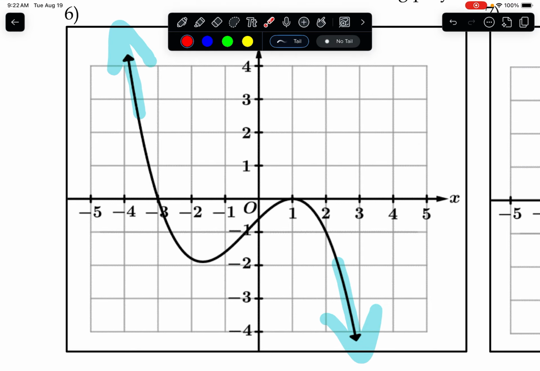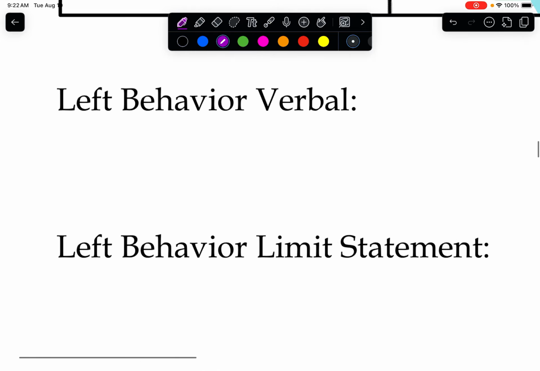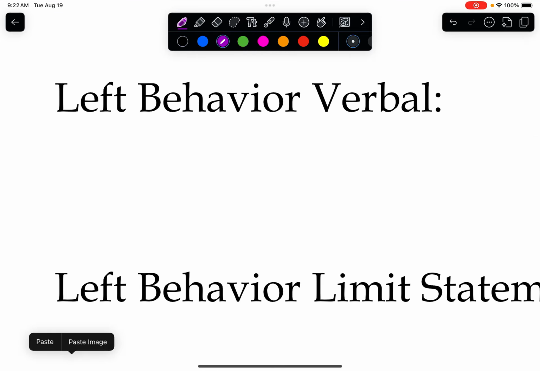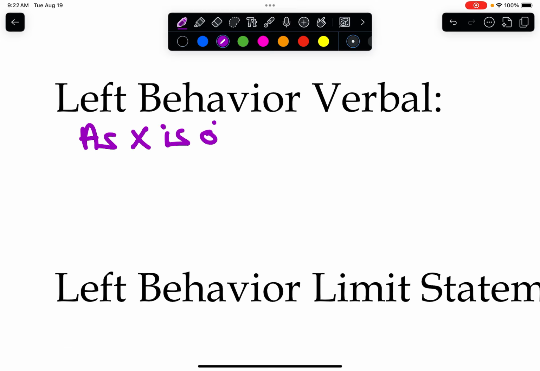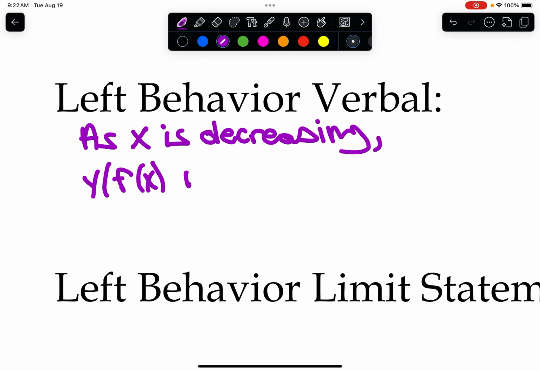As my x values are decreasing, as I go further left, my y values are increasing. So as x is decreasing, you could say either y or f of x. I would take either one. So y or f of x is increasing.